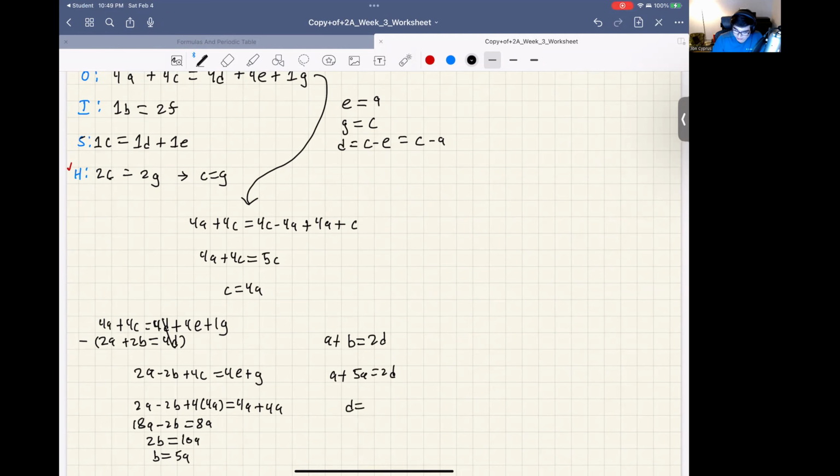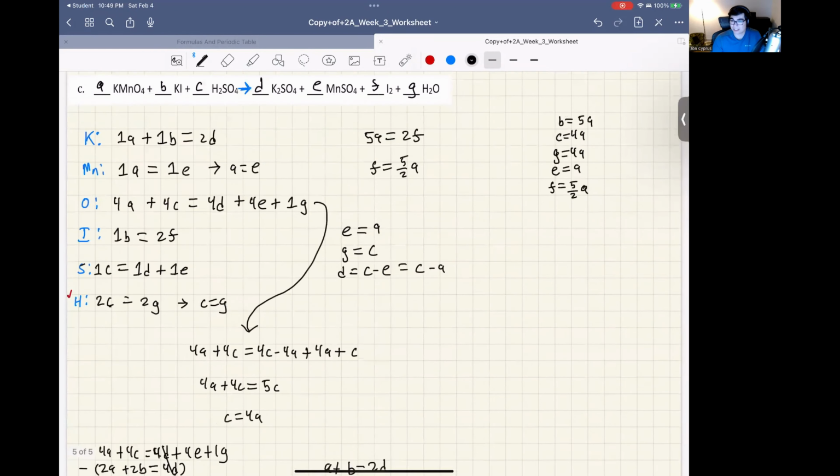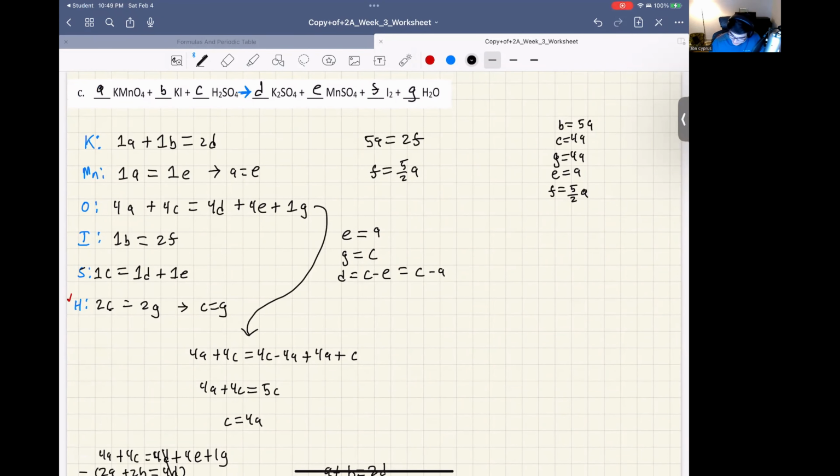And then I end up solving for D: 6A equals 2D, and then D is equal to 3A. All right, so I'm going to move this down: A, B, C, D. D is 3A.